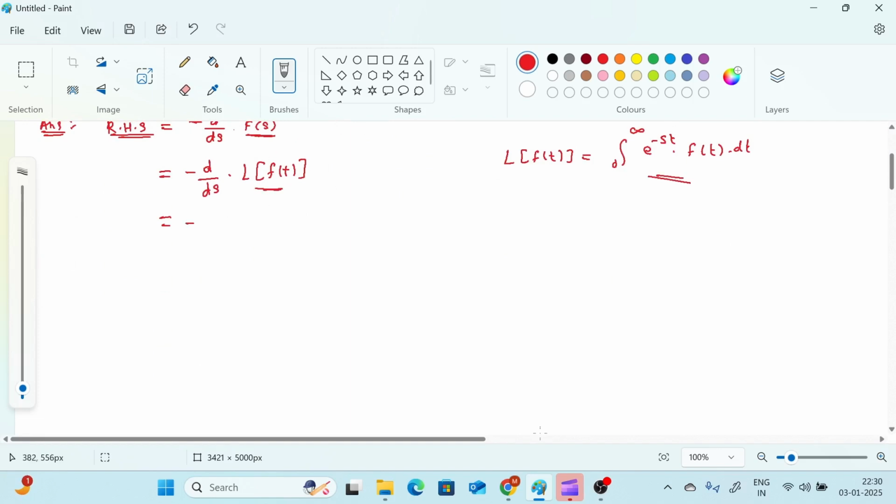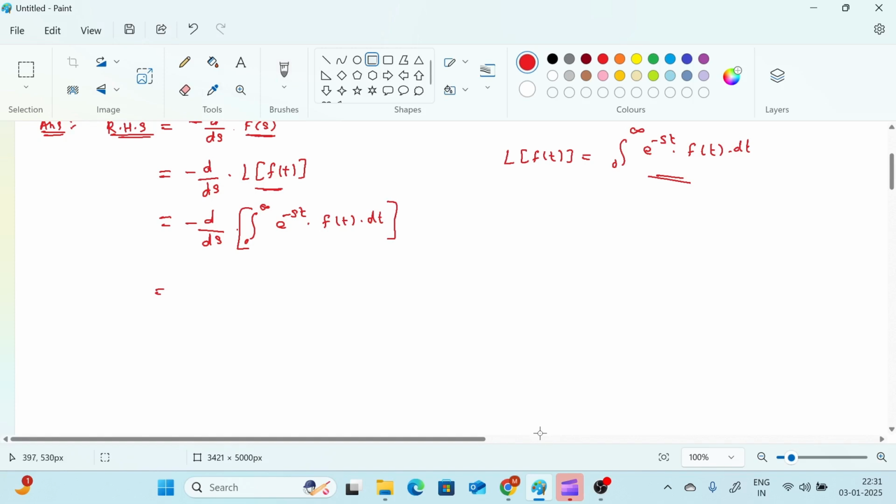So what I can get: minus d by ds into integration 0 to infinity e raised to minus st f of t into dt.